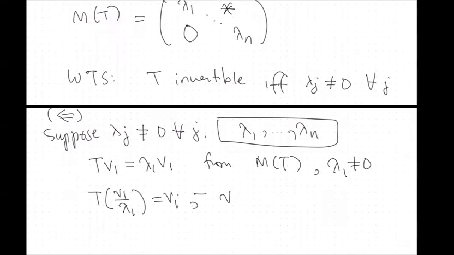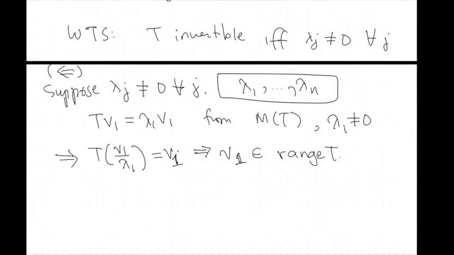And this means that v_1 is in the range of T. Now look at T applied to the second vector of the basis, v_2.